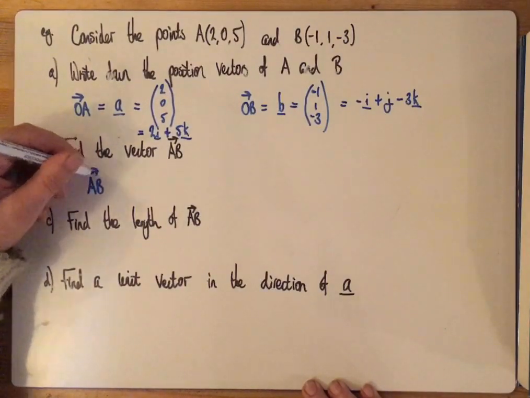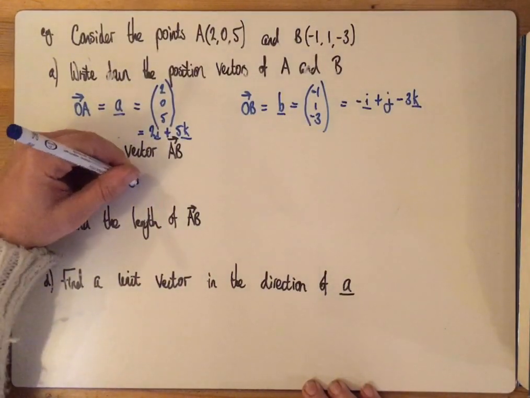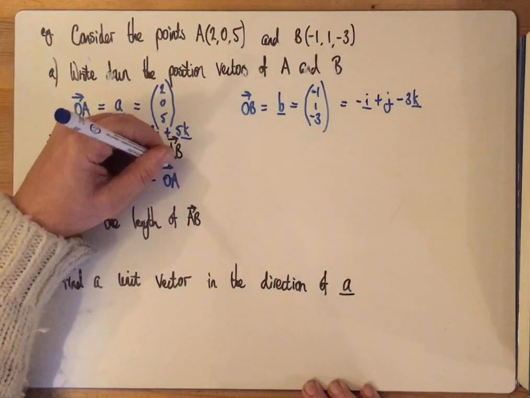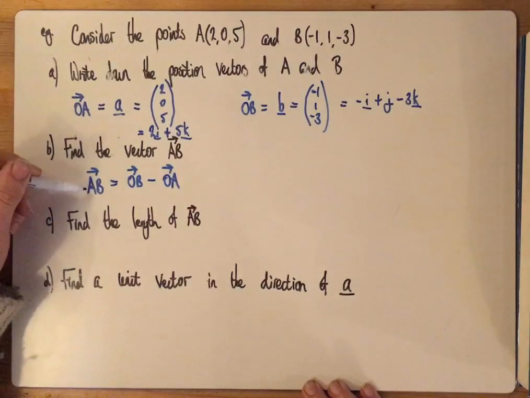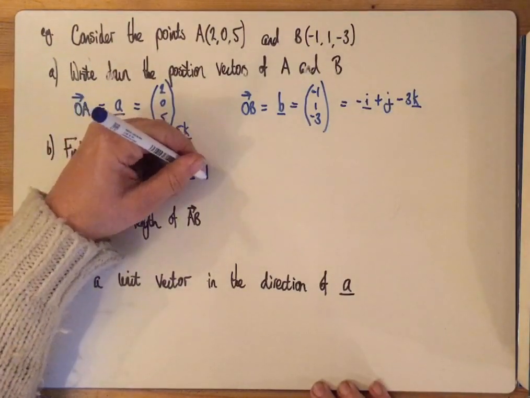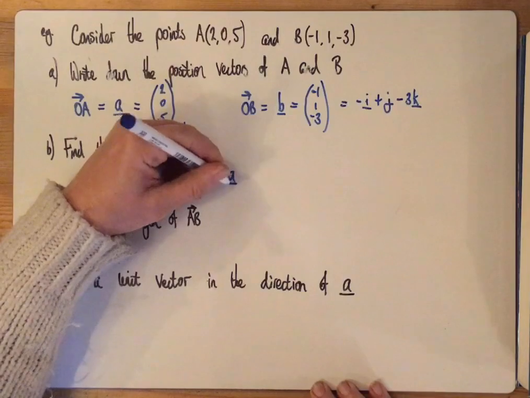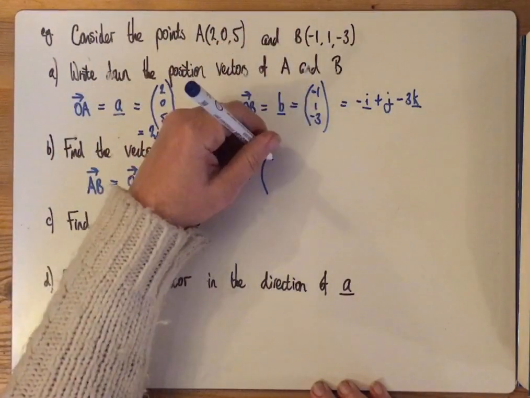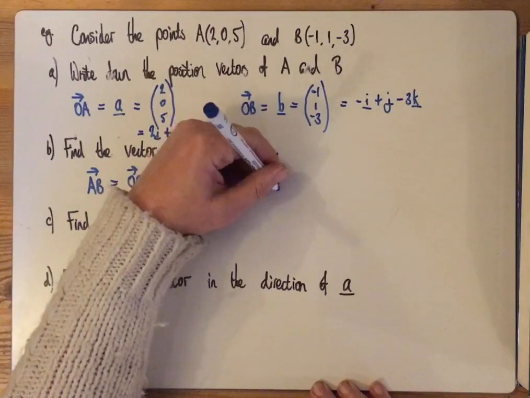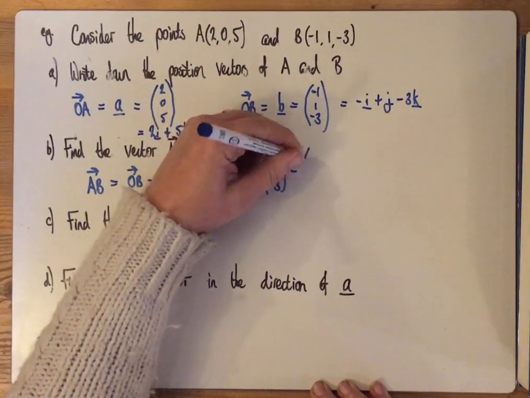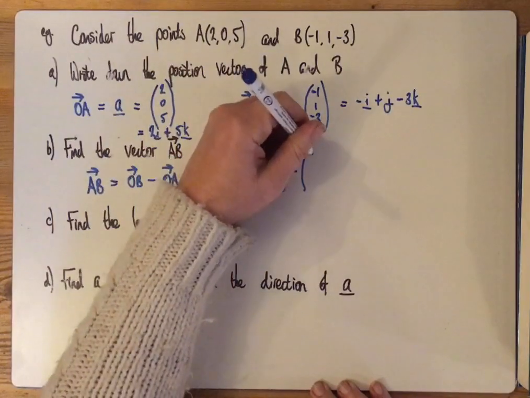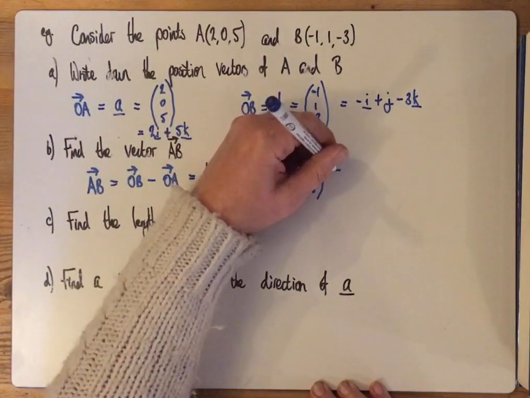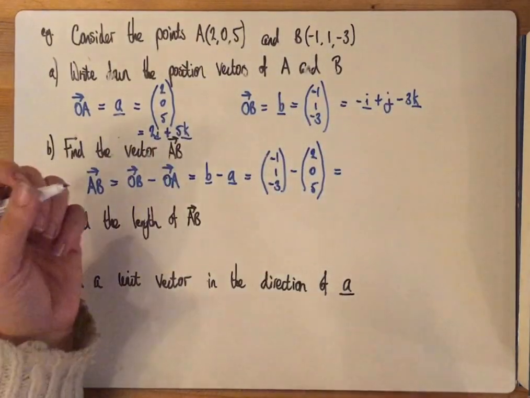To find the vector AB, so this is really straight revision from last year. AB is the position vector of B minus the position vector of A. So it's the second minus the first. Again, you may see that written like that. And so you do the position vector of B, (-1, 1, -3), minus the position vector of A. So that's just a straightforward extension from what you were doing last year.